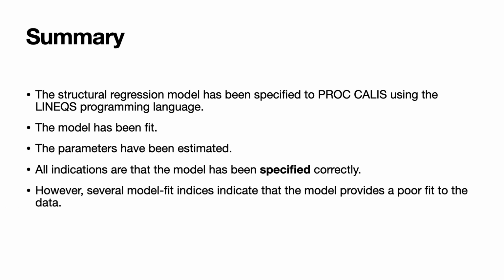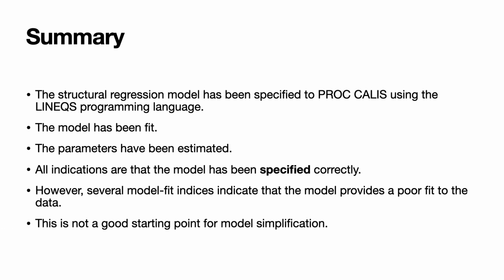However, several model fit indices indicate that the model provides a poor fit to the data. This would indicate that the model is too restrictive. It's not flexible enough to be able to fit the data well. And so this is not a good starting point for the model simplification procedures that we want to look at subsequently. The next step is to find a better fitting model.